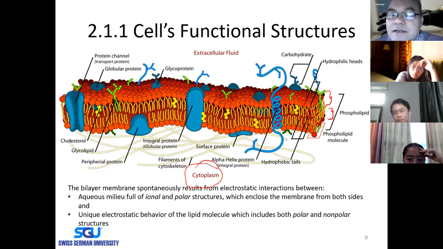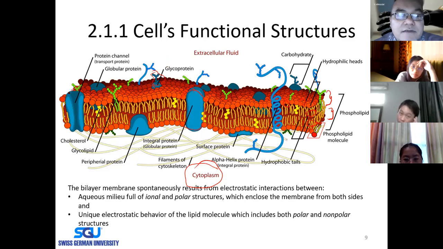So within the membrane itself, within the phospholipid bilayer membrane, it contains a lot of things. It contains protein, here the integral protein. It also contains glycoprotein, a combination of protein and glyco, meaning sugar, polysaccharide, and it contains the globular protein.